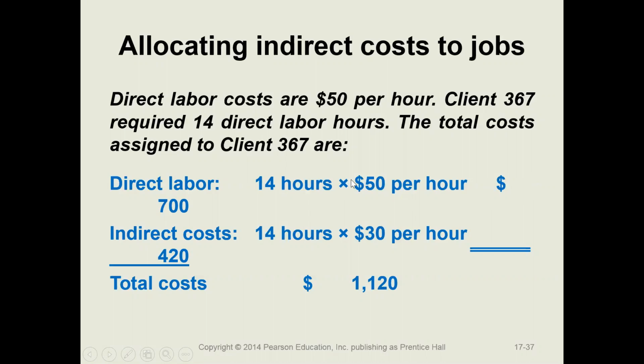That 700 should be over here. And then they charge another $30 for each hour for the indirect cost, the allocation of that overhead cost. So the 14 hours times $30 an hour is $420. So the total cost that will be assigned to client 637 will be $1,120. Notice there's no direct materials because there's very little direct materials, maybe paper, I guess, but there wouldn't be very much other direct materials.